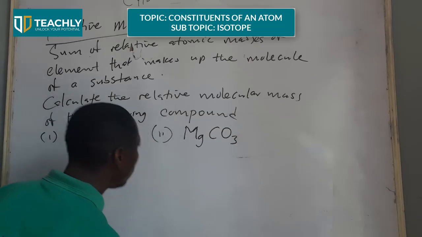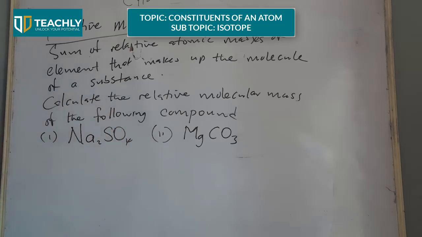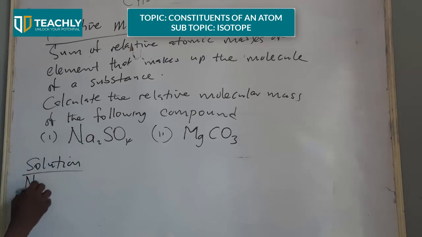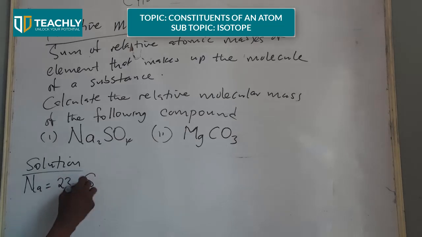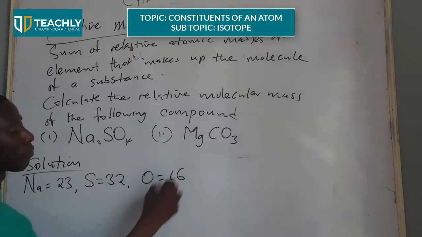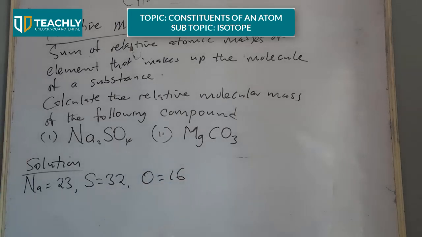So the first thing you need is to know the atomic mass of each element in that compound. For instance, let's write the atomic mass of each. Atomic mass of sodium is 23, sulfur is 32, and oxygen is 16. So we need to know the atomic mass of each before we can get their molecular mass.